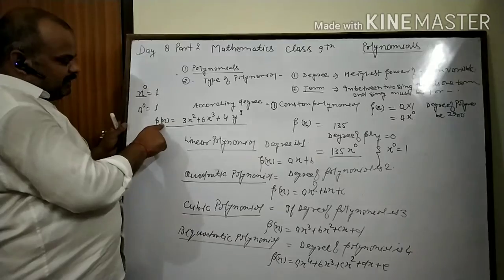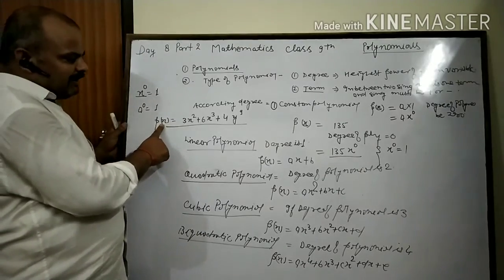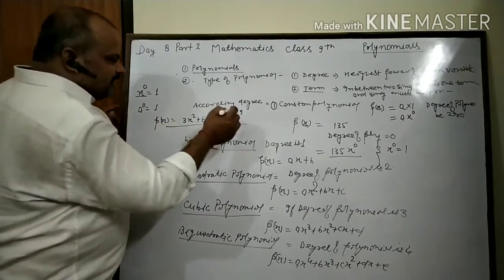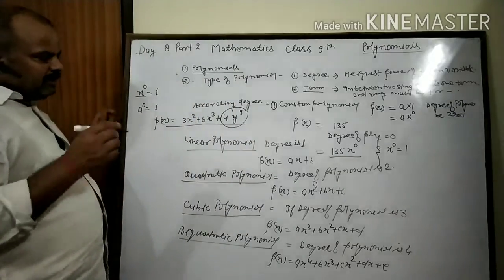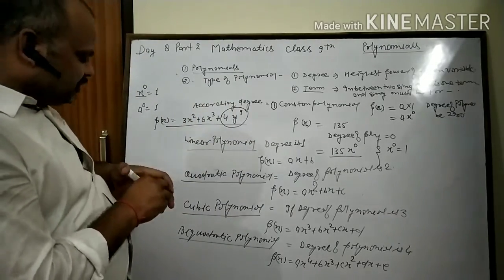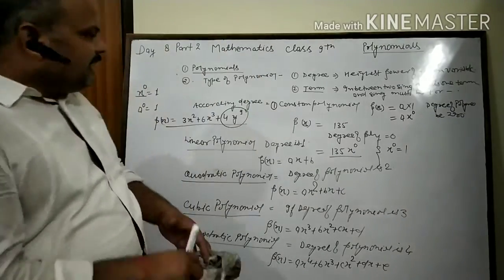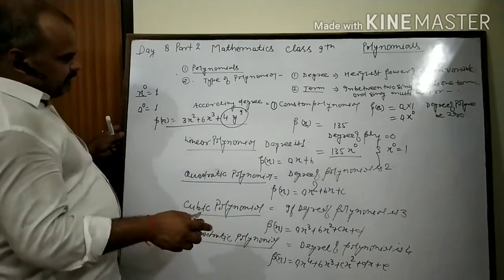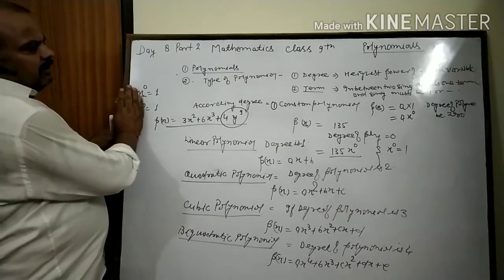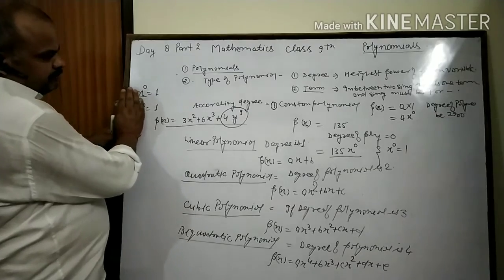And in the polynomial p(x), y is not given. That's why this term behaves like a constant. Clear? Then you see carefully this type of question is asked. I think everyone is aware.